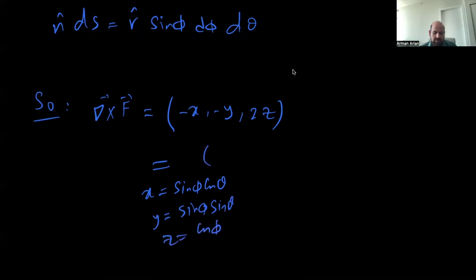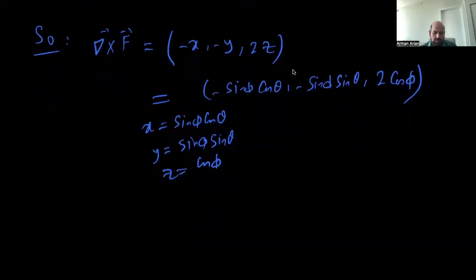So if we substitute, we get minus sine phi cos theta, minus sine phi sine theta, and 2 cos phi. Therefore, we'll have curl of f dot r hat. So this one we have curl of f, we just wrote it above.